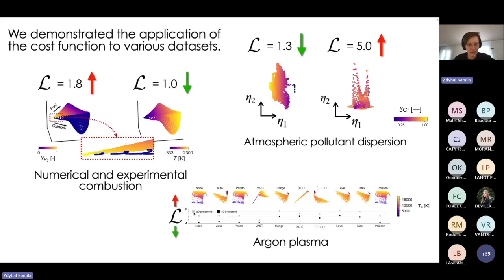And we could even look at how the cost value changes if we change the dimensionality of the projection. And the nice thing about our metric is that you can compute it for any dimensionality, 2D, 3D, 4D, 5D, and so on. So for example, 2D projections usually have a higher cost than 3D projections.